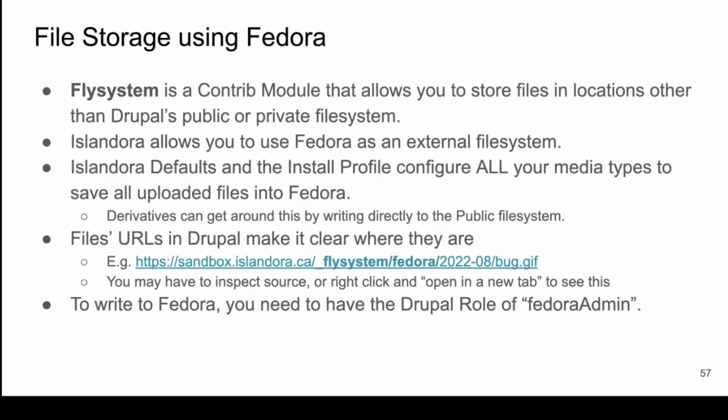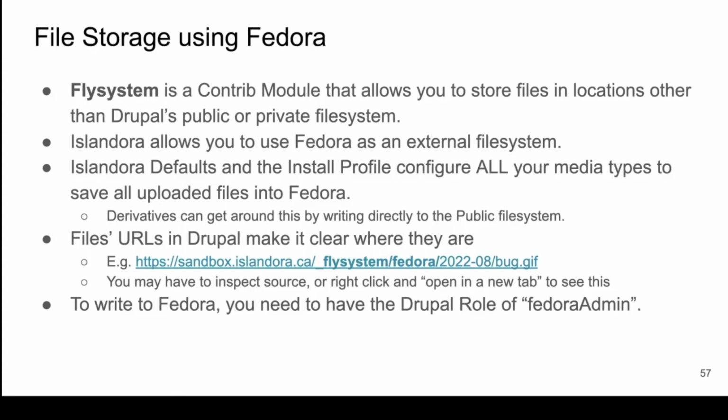So when you load up Islandora using Islandora defaults or the install profile, anything you upload to media gets stored in Fedora. However, derivatives, so like if you made an image, it would be an image in Fedora.